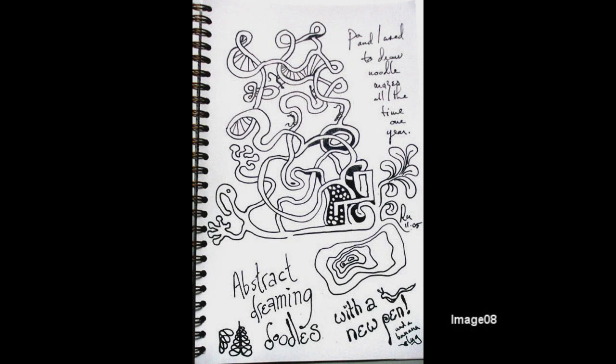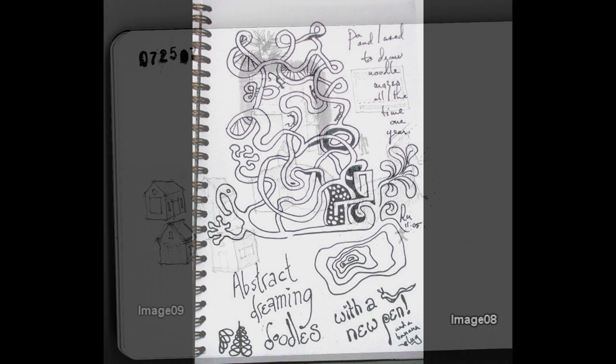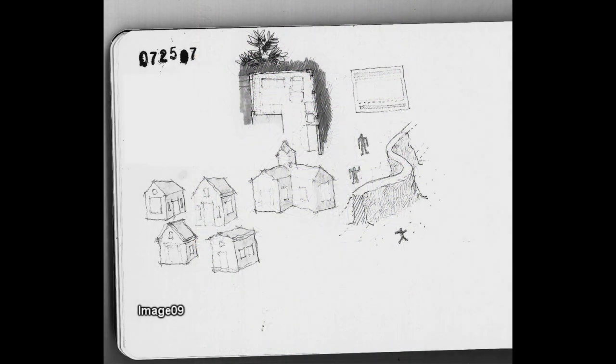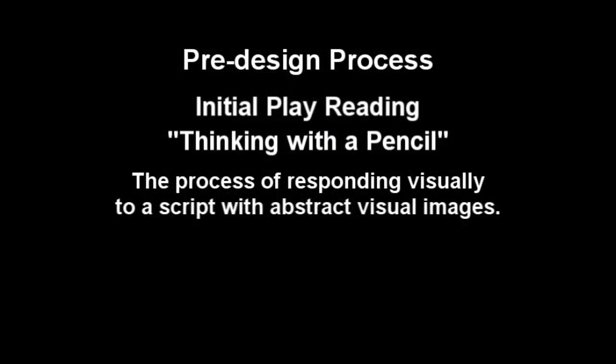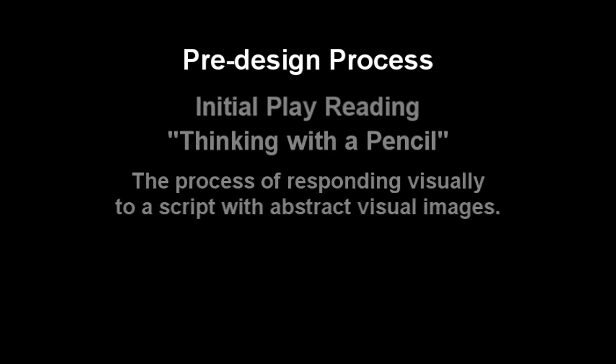These initial visual ideas are the result of creative brainstorming that may or may not be incorporated in the final set design. Thinking with the pencil allows the designer to respond spontaneously and creatively to the play with complete freedom. After the director introduces the concept of the play to the creative team, the scenic designer will be able to incorporate this initial brainstorming into the actual design itself. This is because the ideas are abstractions based on the designer's instincts.